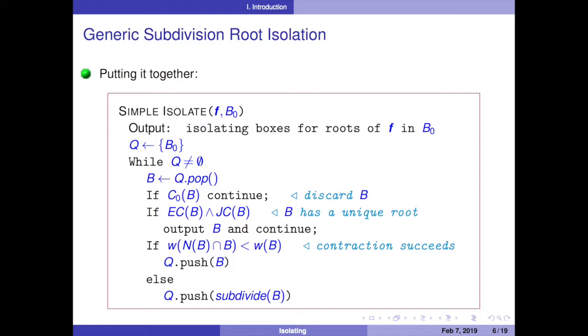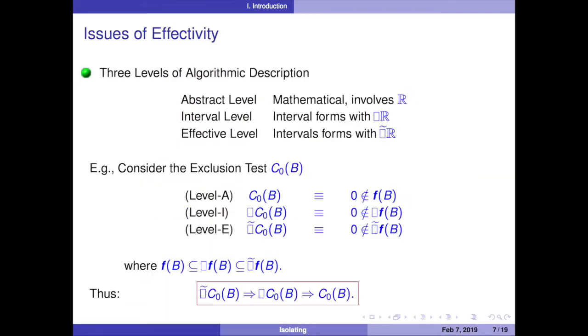So this is an example of an abstract algorithm, and we can analyze this. Of course, I can't analyze it until I know the instantiation of these three predicates, but other than that, I should be able to analyze it. Very often people describe algorithms abstractly. They are mathematical, they involve the real numbers R. But good luck if you try to implement or analyze it.